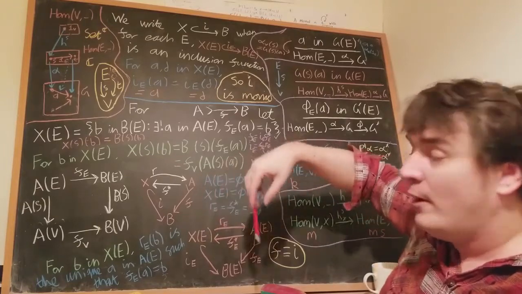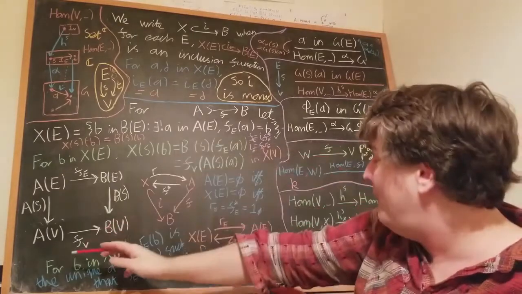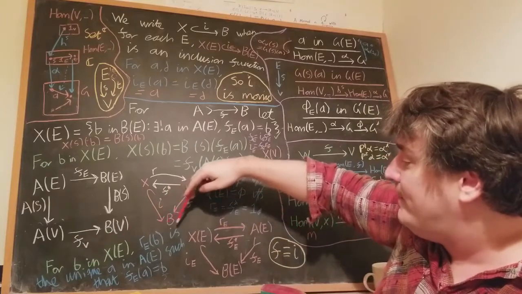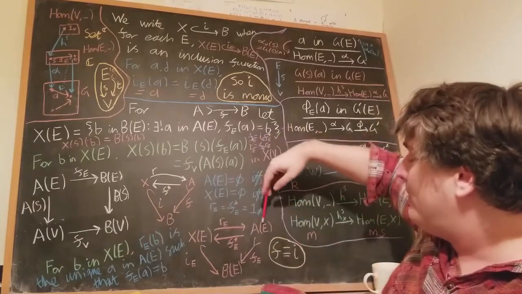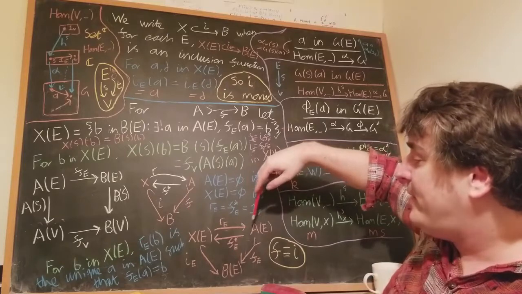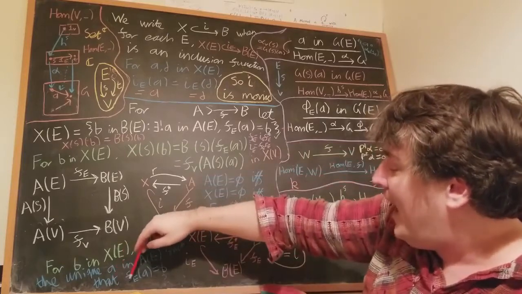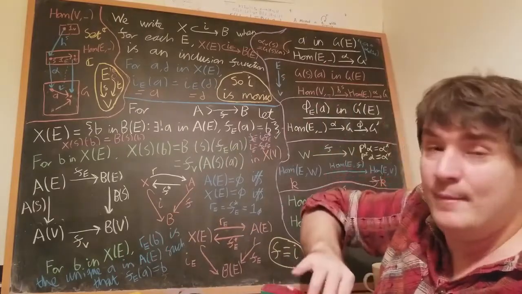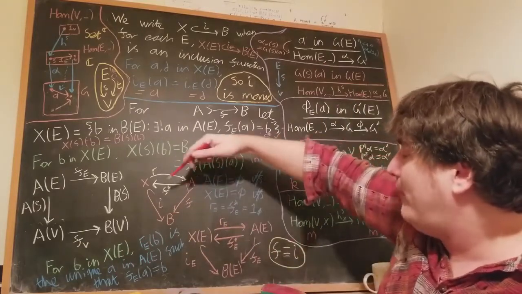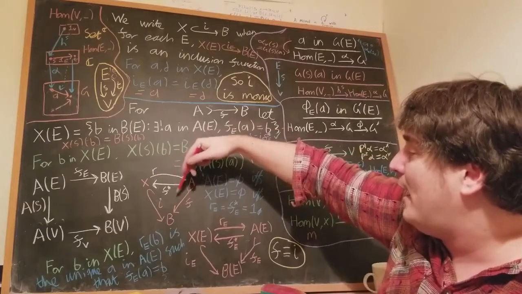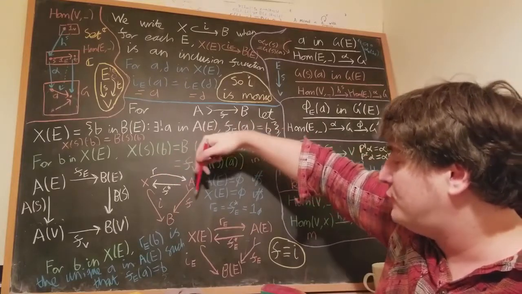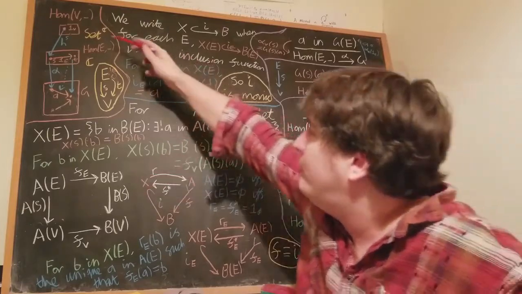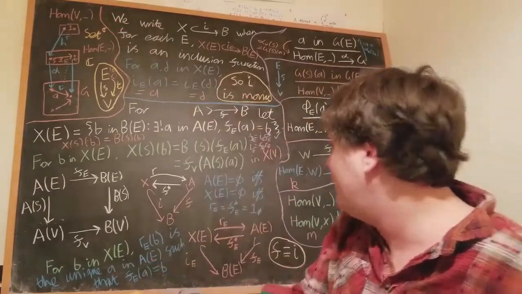To say it more concretely, for an element little b of x of E, R of E of b is going to be the unique element little a of E such that f of E of a equals b. And the fact that R is defined to be a kind of inverse to this f star, and this f star is just a restriction of f, helps one to see that these are properly defined arrows of this category of functors from C to Set.